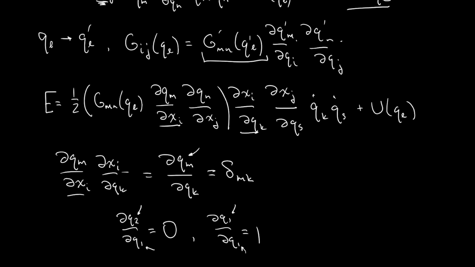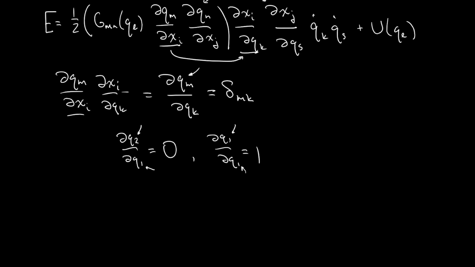But you can see that I can combine this and this to give a Kronecker delta, and I can combine this and this to give a Kronecker delta. So, in doing that, I get that my energy is equal to G_mn(q_l) q dot m q dot n, plus U of q_l.